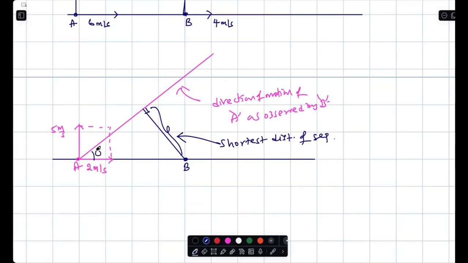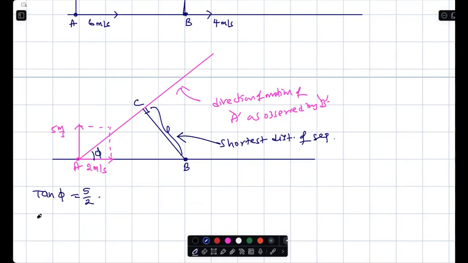Clearly, you know this angle phi, because I know these components. Tan phi is clearly 5 by 2. You know AB. Let this be C. You want actually BC.